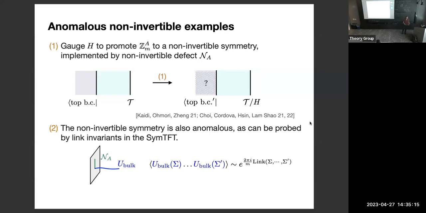And naively, you expect it should be anomalous because it originates from the invertible symmetry, which had a self anomaly. So your gut should tell you it should be anomalous. And it is, and the fact that it is can be probed by link invariants in the Symmetry TFT of the type that we've been describing.